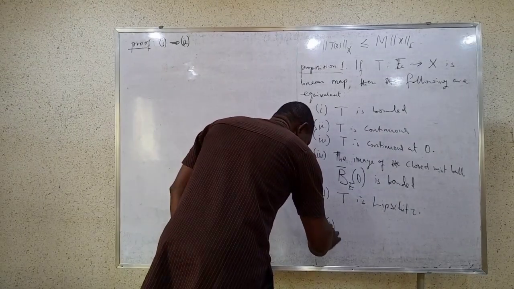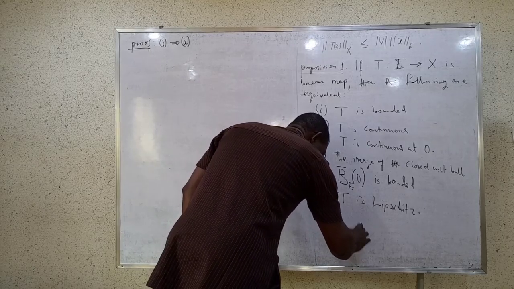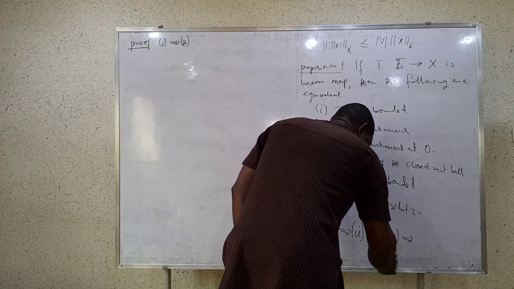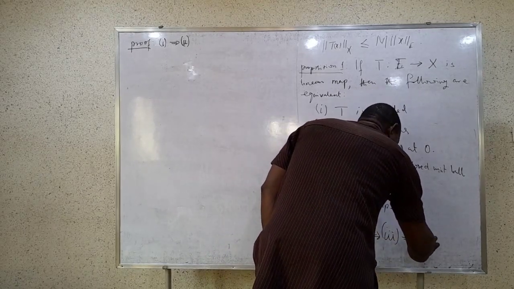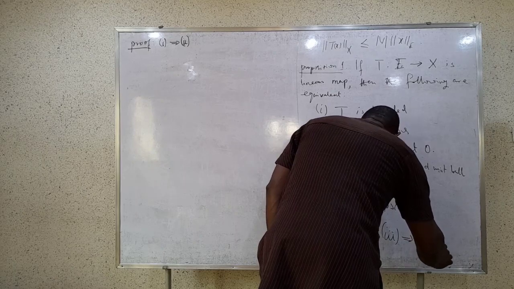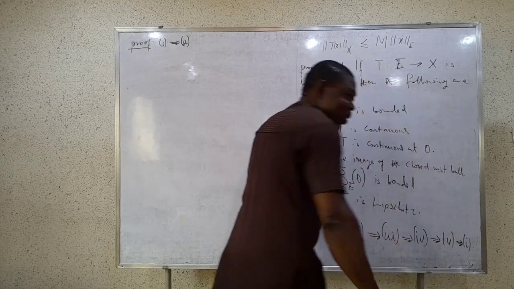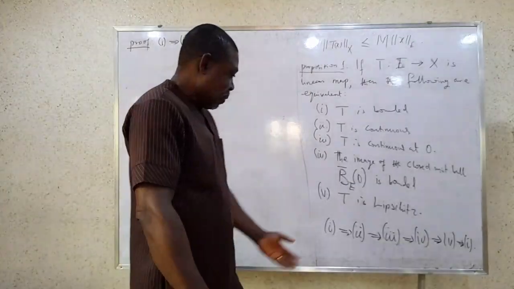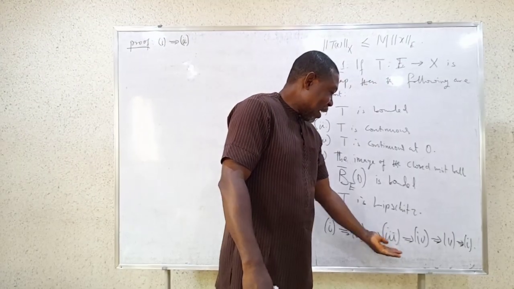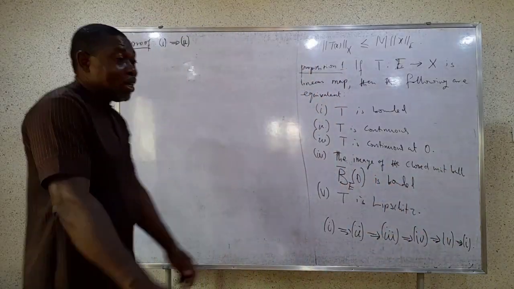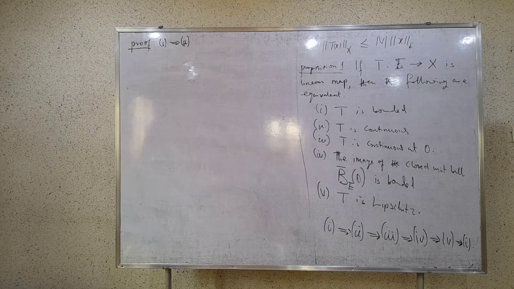I'll show that I implies II, and that II implies III, and that III implies IV, and that IV implies V, and that V implies I. This is what I'll do. So once we're able to establish this chain, then we can conclude that the statement of the proposition is true. So let us break it into pieces.